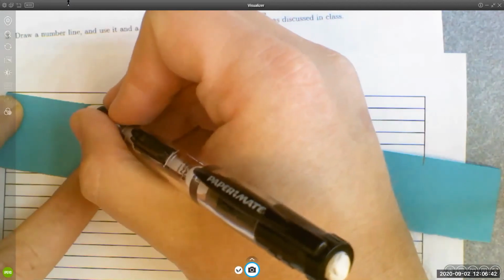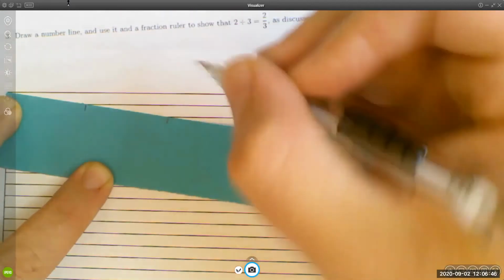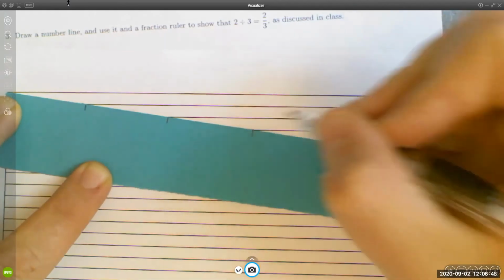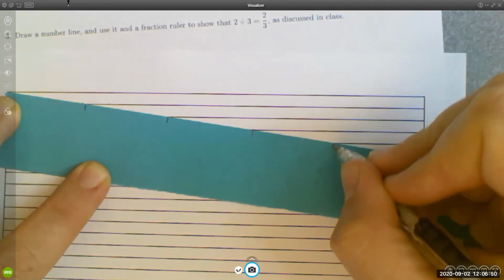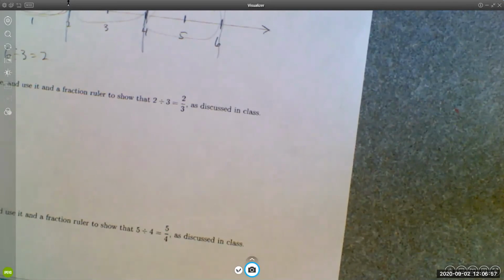So I can mark the intersections. 1, 2, 3, 4, and 5. So let me transfer those back over to my number line.